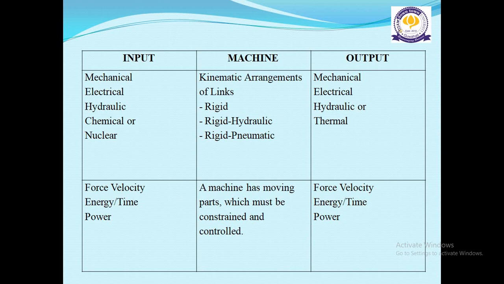Next, if we give input as force, velocity, energy or time, power, a machine has moving parts which must be constrained and controlled. So the output will be force, velocity, energy or time, power, which is the same as the input.